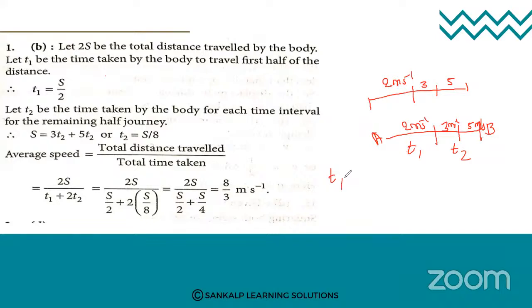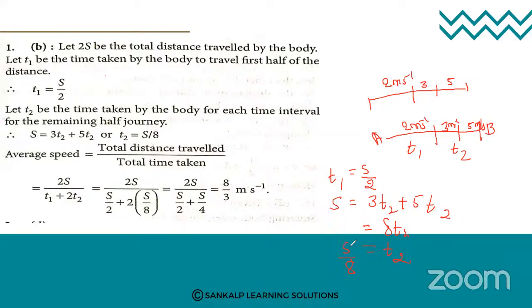Here we know that T1 is equal to S divided by 2. And S is equal to 3T2 plus 5T2. Therefore, T1 is equal to S by 2 and T2 is equal to S by 8.